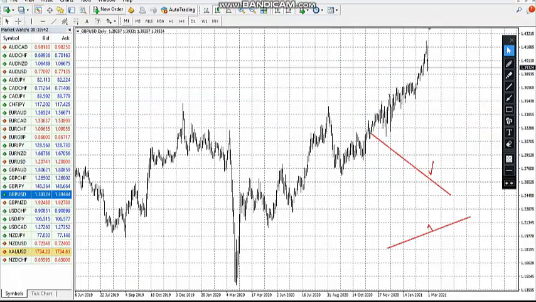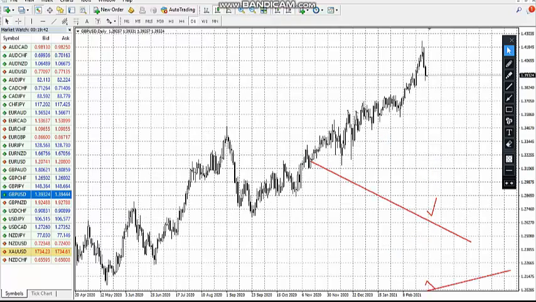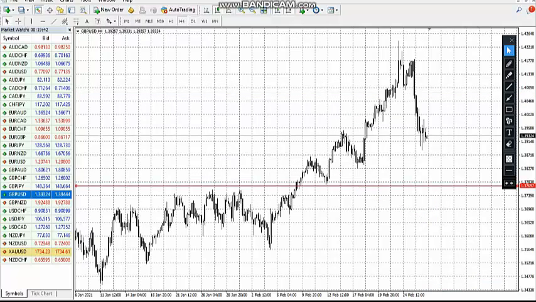Now for the GBP USD, on the daily time frame, we can see that this is the nearest support which we think the market is liable to get onto. But before then, let's move on to the 4-hour time frame. This is where we are going to discuss where our entry point would be.